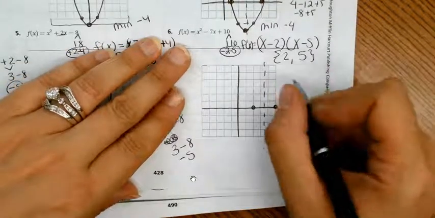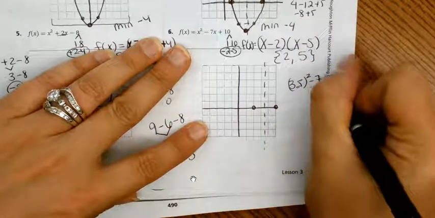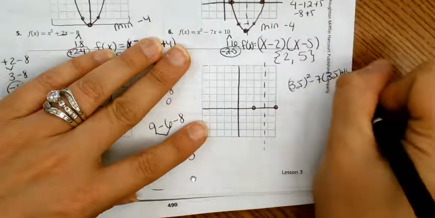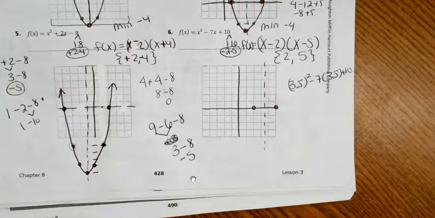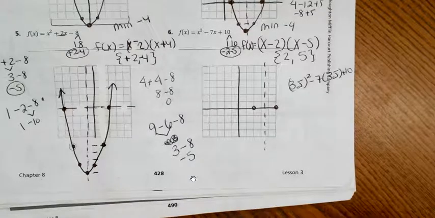So if I plugged in a 3.5, 3.5 squared minus 7 times 3.5 plus 10. I got negative 2.25.